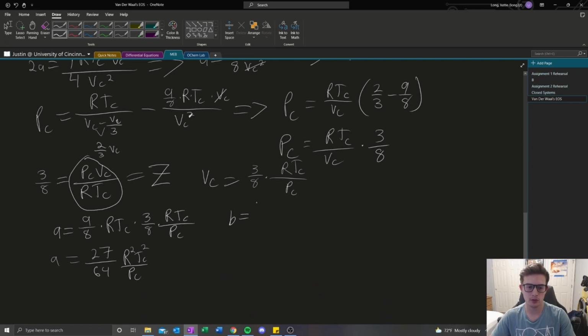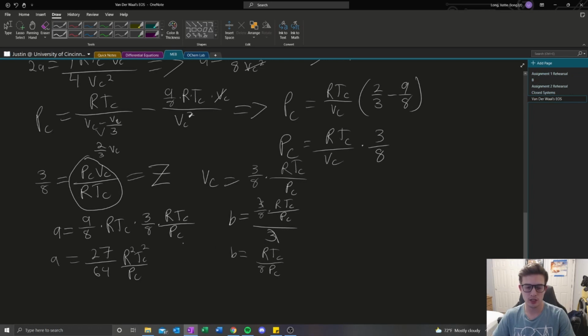So we have VC is equal to 3/8 times the gas constant, critical temperature, critical pressure, all divided by 3. So simplifying it, 3's cancel, so B is equal to RTC over 8PC.